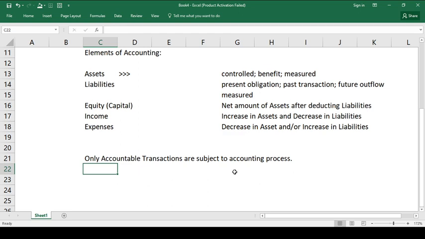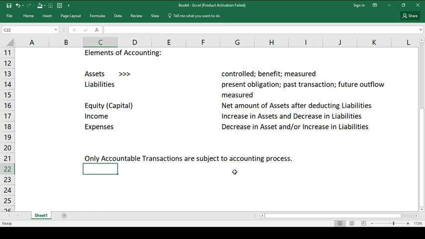Hindi po kasi lahat ng transaction ay makakapture ng accounting process, because there is a possibility that it cannot be measured reliably. Wala pong measurement, so we cannot enter that in the books. But we need to take note that there is a tendency that those transactions we consider non-accountable are very much material in the making of economic decisions.